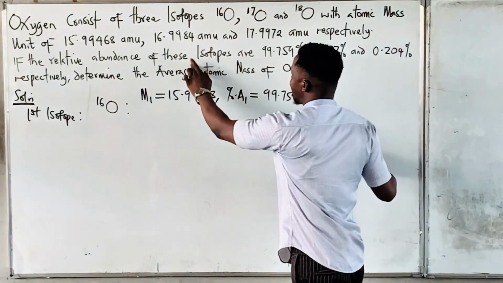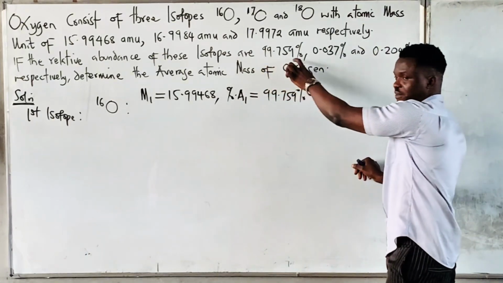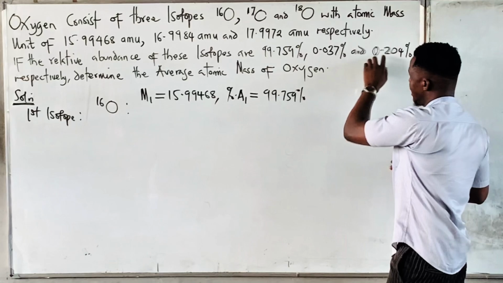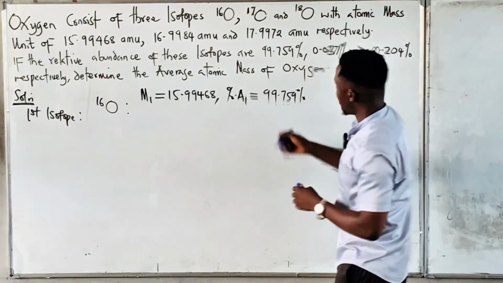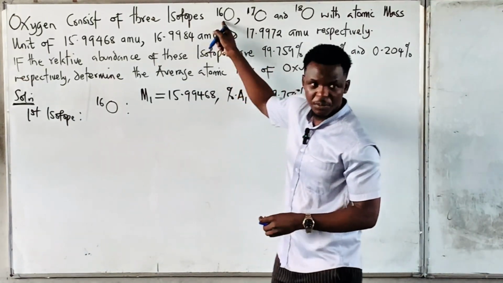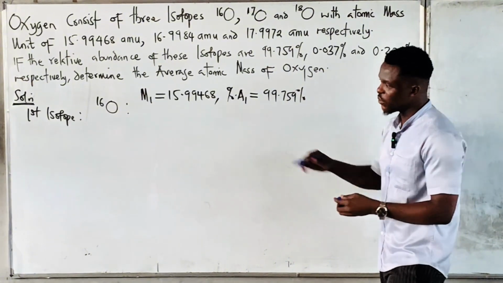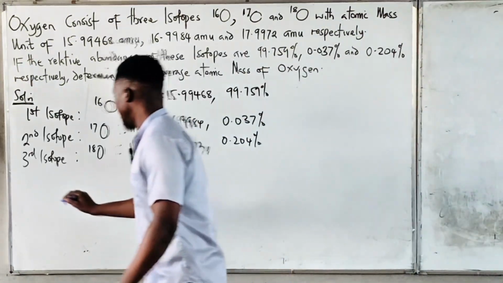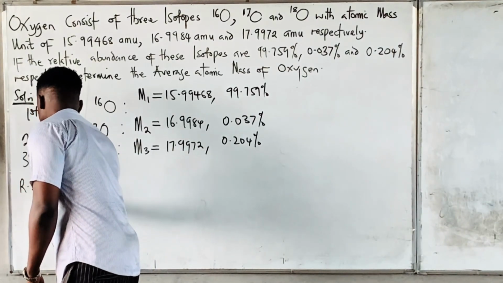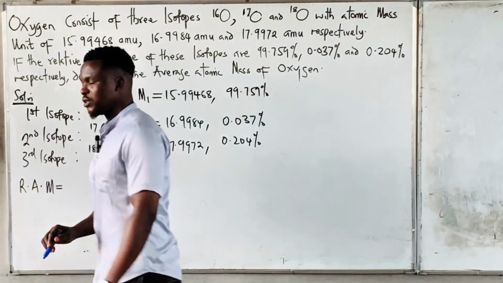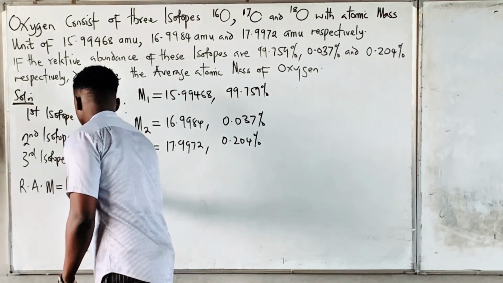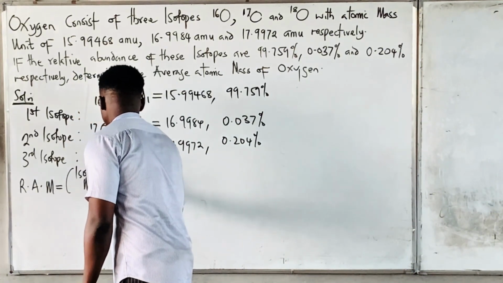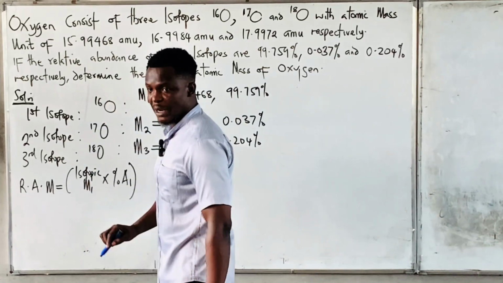Now, if the relative abundance of these isotopes are 99.759, 0.037%, and 0.204. Accordingly, this one is for the first isotope, this one is for the second isotope. So I'm trying to arrange them. So I'll say relative atomic mass for 3 isotopes is going to be isotopic mass 1 times percentage abundance 1, right?